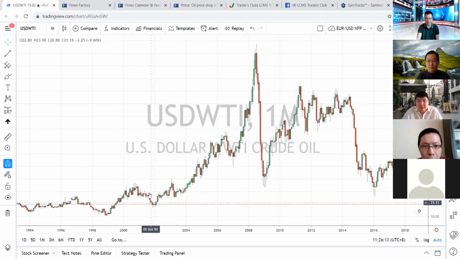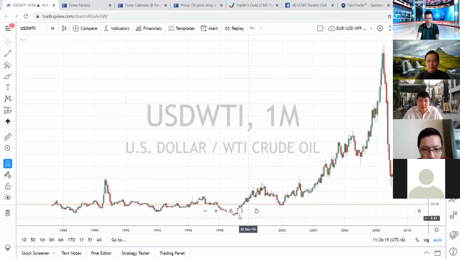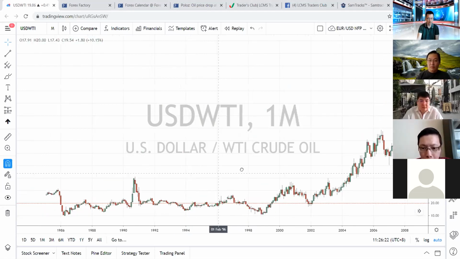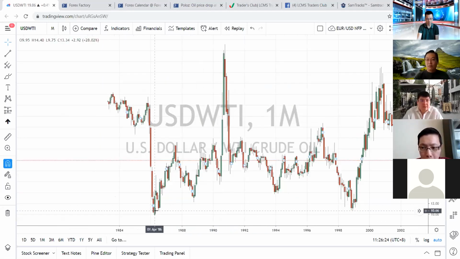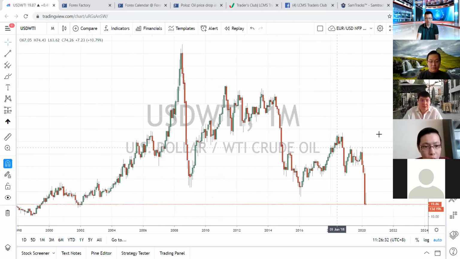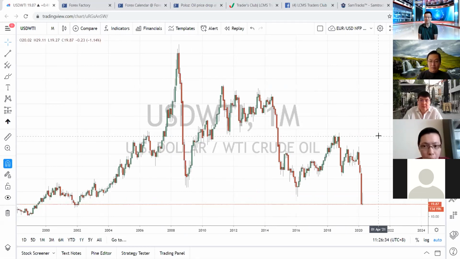And the last time we broke below this level was in February 99, and actually February and April 86. So it's been a long time since we came below this level, and that's why we're at historic levels right now, 19.87 in terms of the USD WTI.